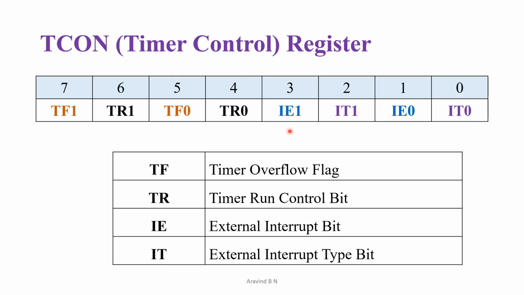Same for timer 1 also, and their meaning remains the same. TF stands for timer overflow flag, TR stands for timer run control bit, IE stands for external interrupt bit, IT stands for external interrupt type bit. Now let us go through each of these individually.